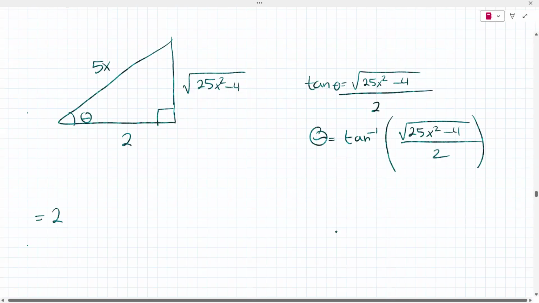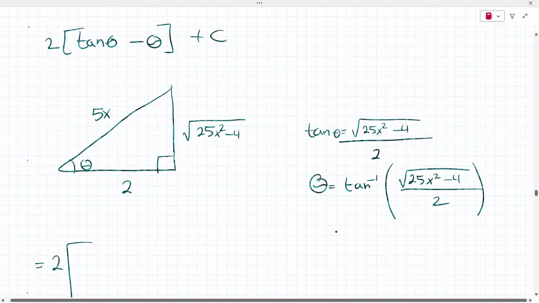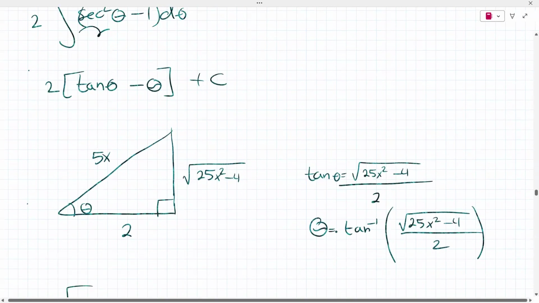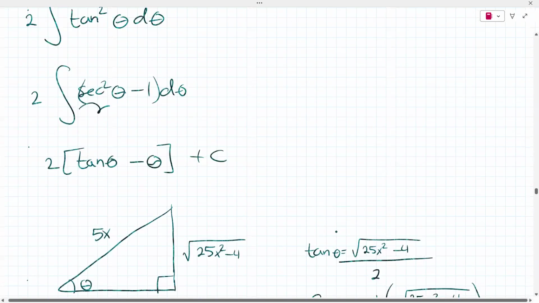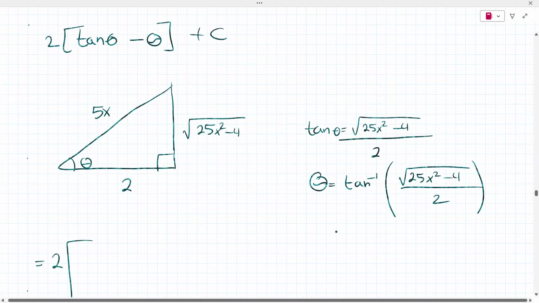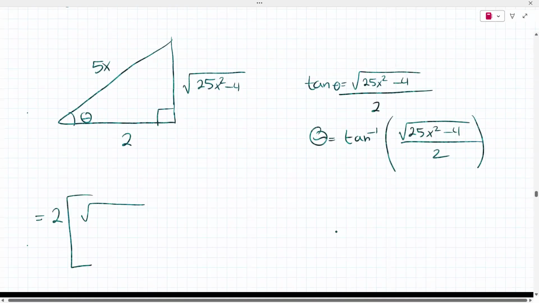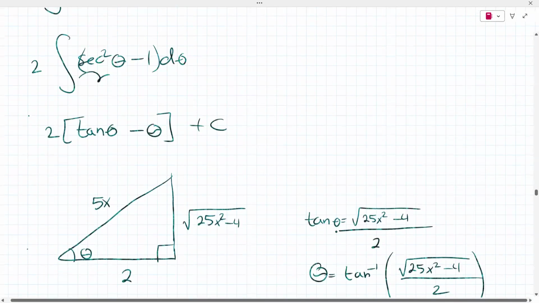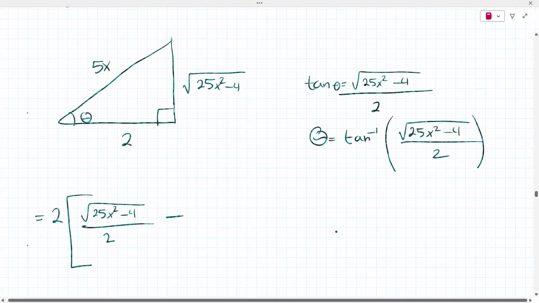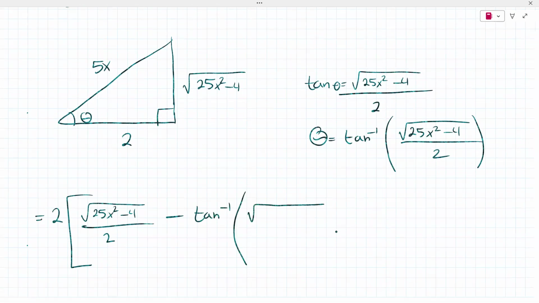And then we said that tan theta was square root of 25x squared minus 4 over 2 minus, and then theta was this whole thing, tan inverse of square root of 25x squared minus 4 all over 2, and then plus c.